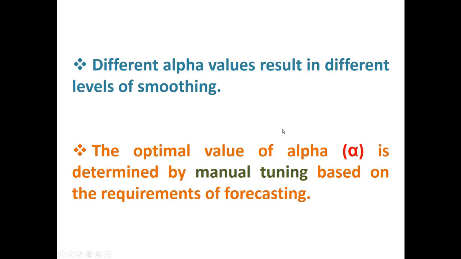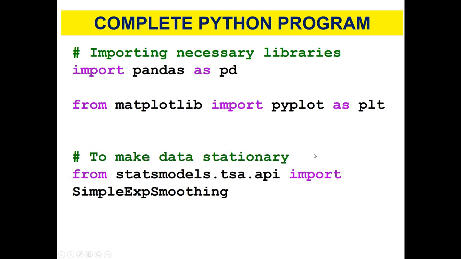Different alpha values result in different levels of smoothing. The optimal value of alpha is determined by manual tuning based on the requirements of forecasting. Alpha has to be varied and you have to come up with the best alpha. To understand this, you can practically test a Python program to experiment with it.